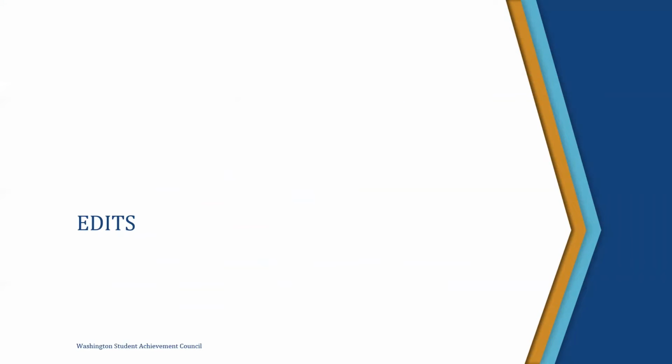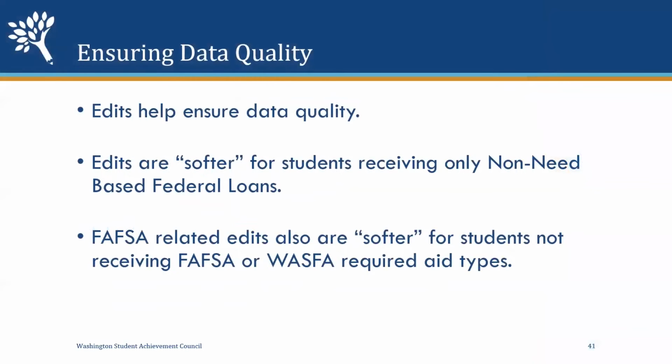Edits. So edits, and I think we're moving to calling them errors now, just to differentiate how we look at them, but they ensure data quality. So when you get an edit, we try to create edits that really help us make sure everything's working the way it should be working.